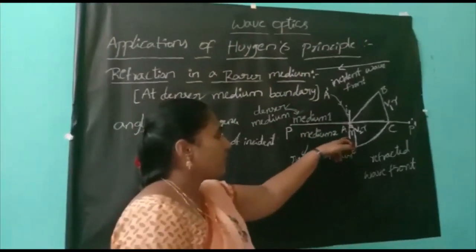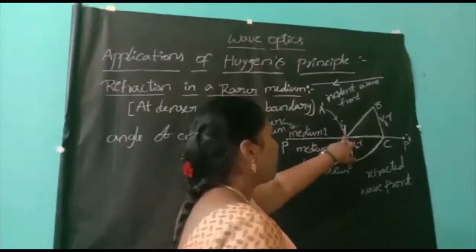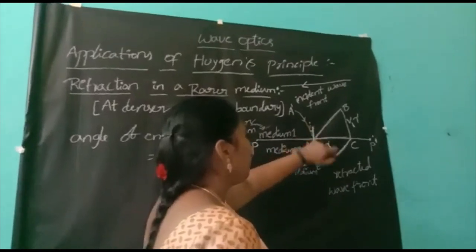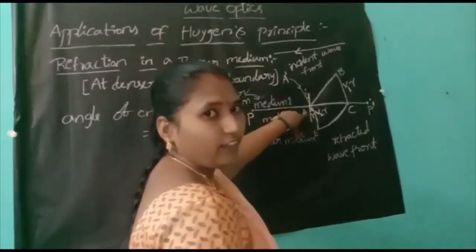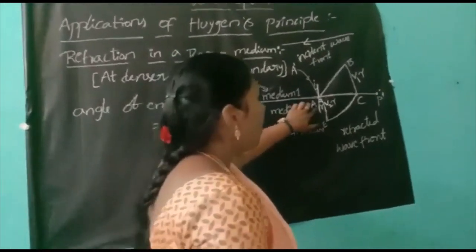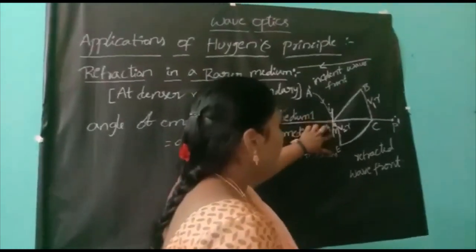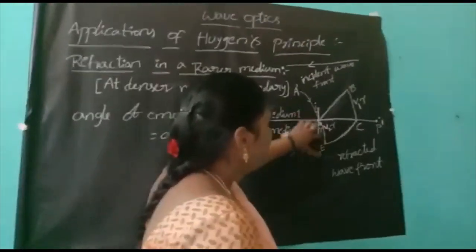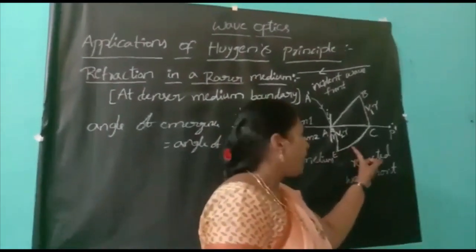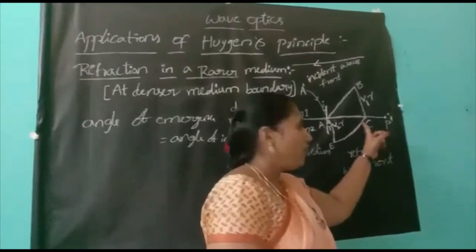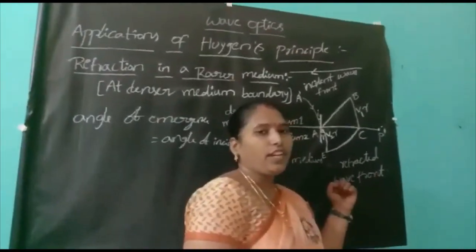Light is incident at the second end of the denser medium with angle of incidence I, and it will be refracted away from the normal, from point A to E. If you draw another normal at E, it gives the refracted wavefronts.